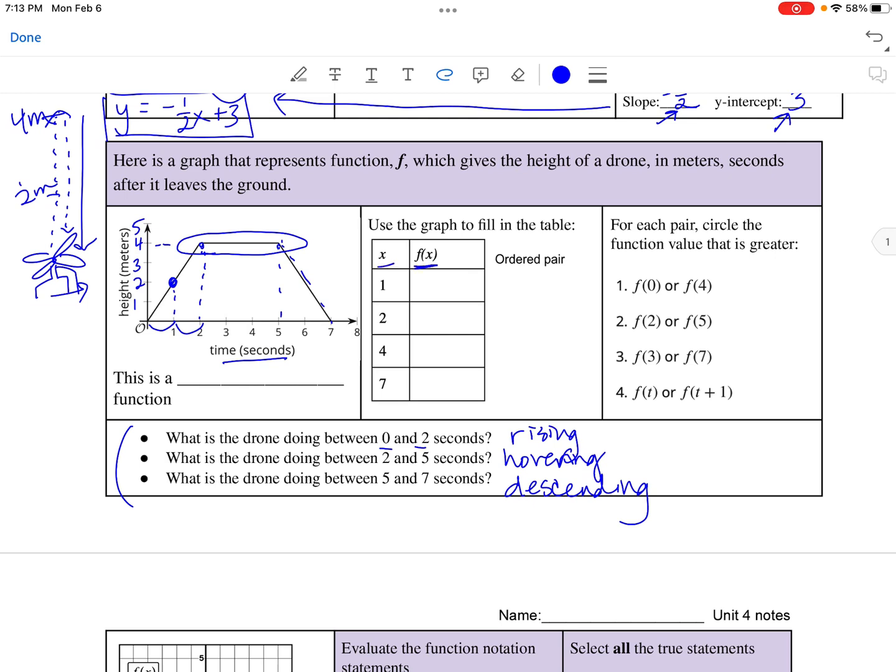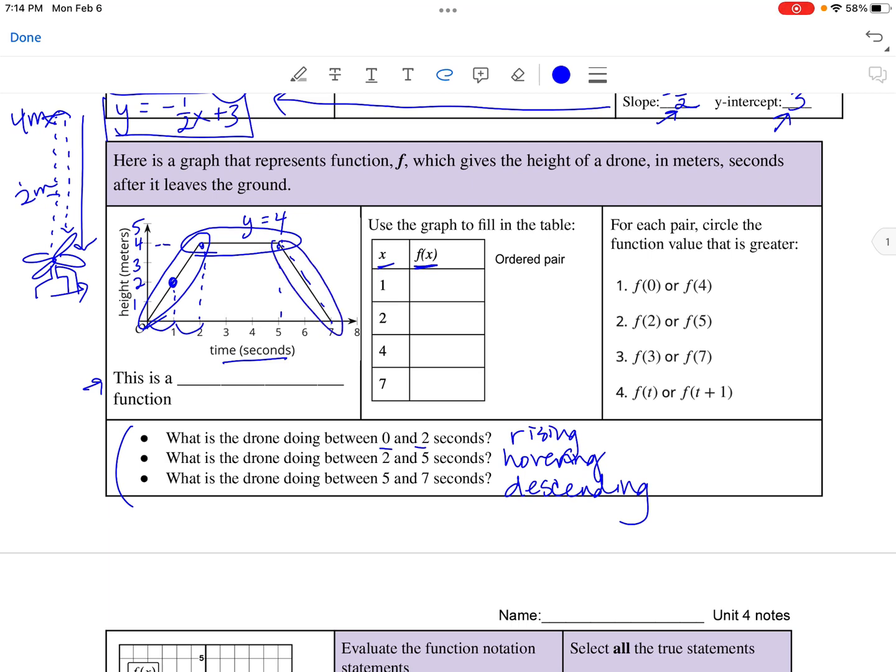So we're going to do this table here. We don't have a single function rule, and in fact, we're going to learn a new term here. We could make an equation for this part of it, that's a linear function. But then this part is a different linear function. That's actually the line y equals 4, because f of x is staying at 4 meters the whole time.